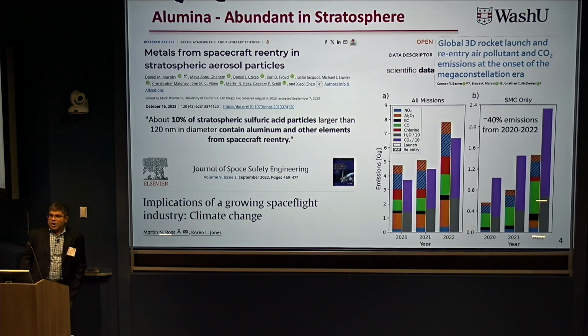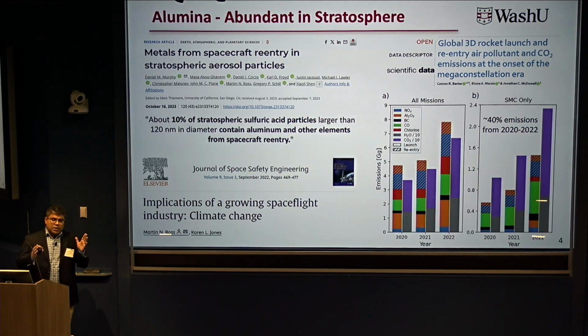So alumina, why is it important? Aside from SAI, alumina is already there in the stratosphere. This is abundant, and specifically we are expecting that this is going to be more abundant as we go with this crazy mega constellation era space race.